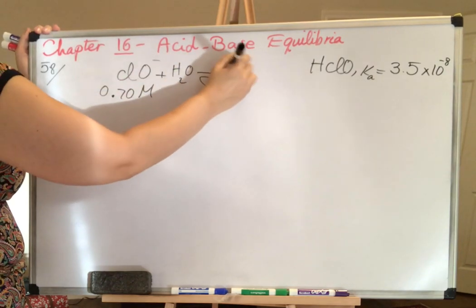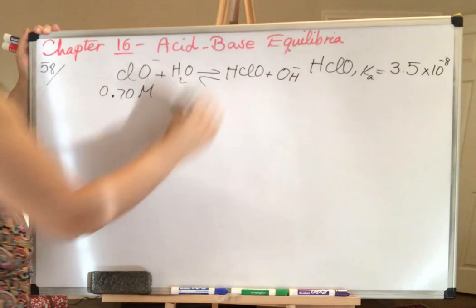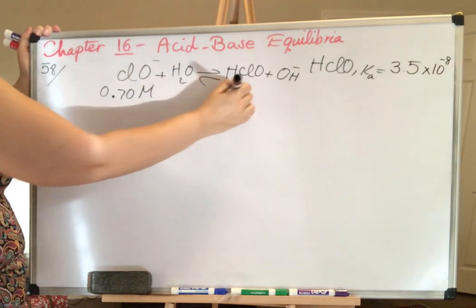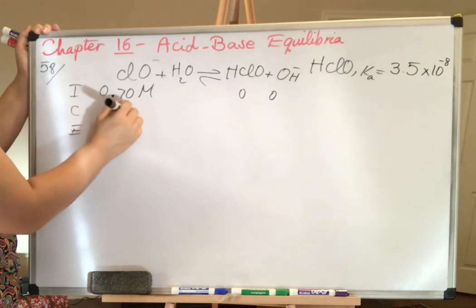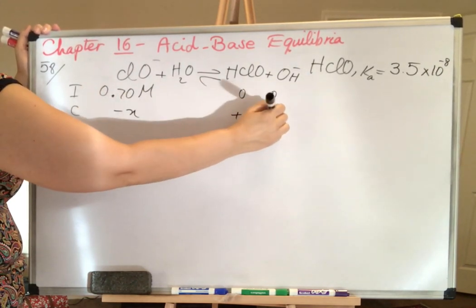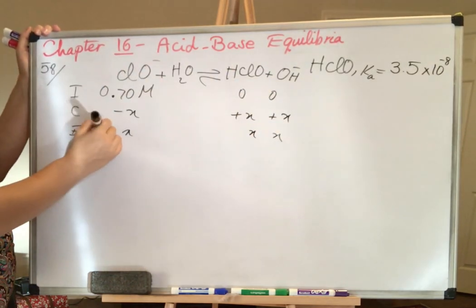Then you have HClO plus OH negative left. So go ahead, again, 0 and 0, that's the ICE table. Minus x, plus x, plus x, with 0.70.